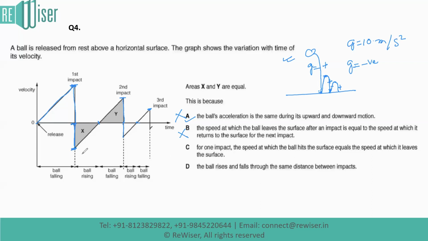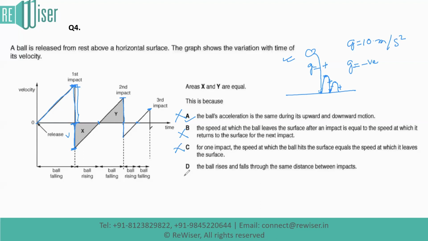Here, as you can see, the velocity is high. Here, the velocity is comparatively low. So this is also an incorrect option.